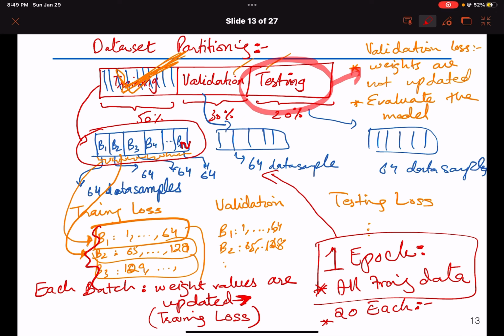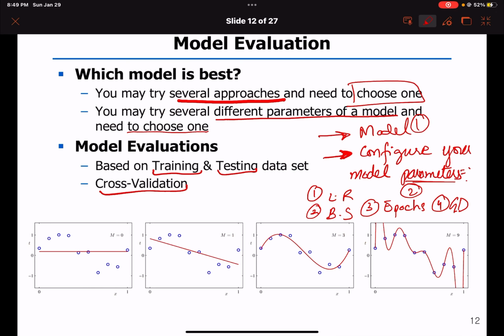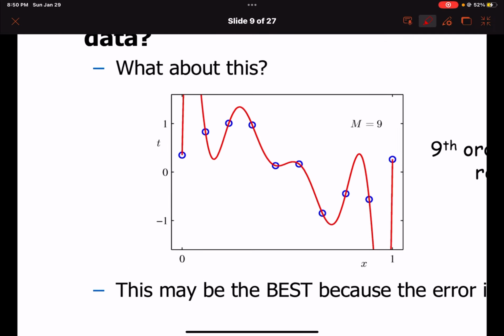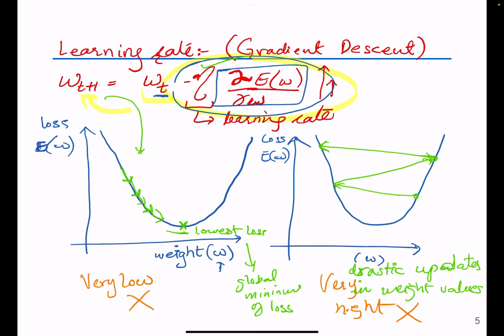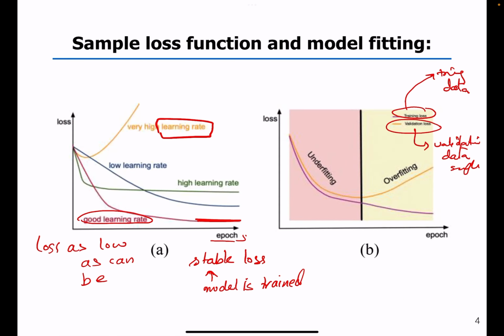So the concept that we studied here is the training loss and your validation loss. Training loss is estimated per batch and validation loss is estimated after each epoch.